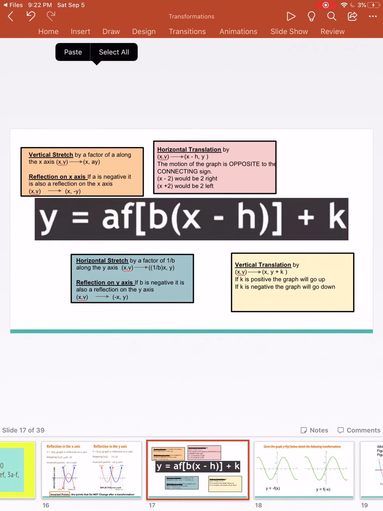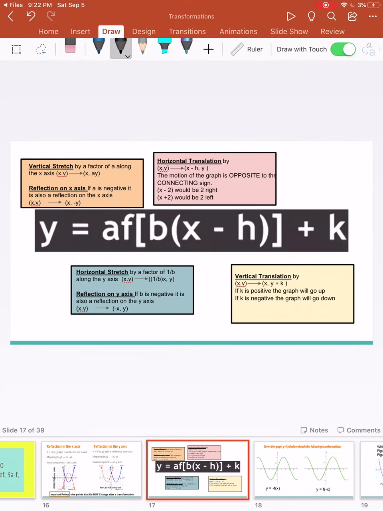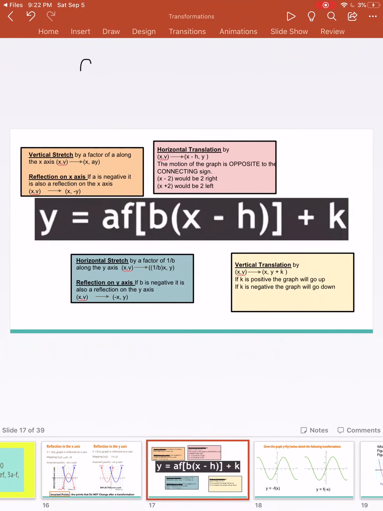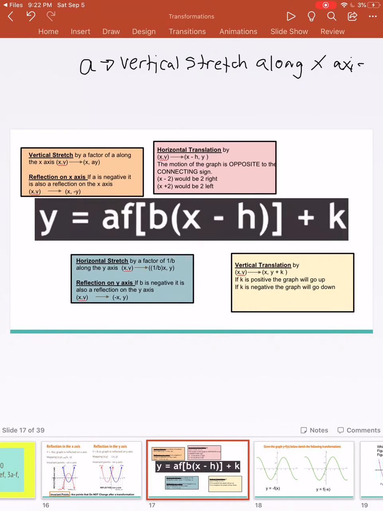So we know that our A value is a vertical stretch along the x-axis. Or sometimes you'll see it called the line y equals 0, which is the same as the x-axis, but you will see those two different terminologies or ways of saying the x-axis.